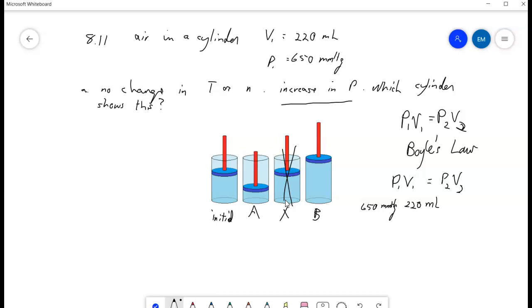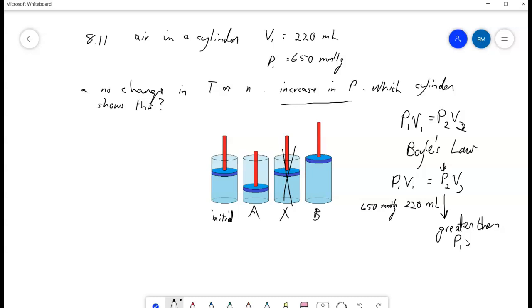Increase in P: pressure 2, P2, is greater than P1. So P2 is bigger than P1, more than 650 millimeters. If that's the case, what has to happen with the volume?